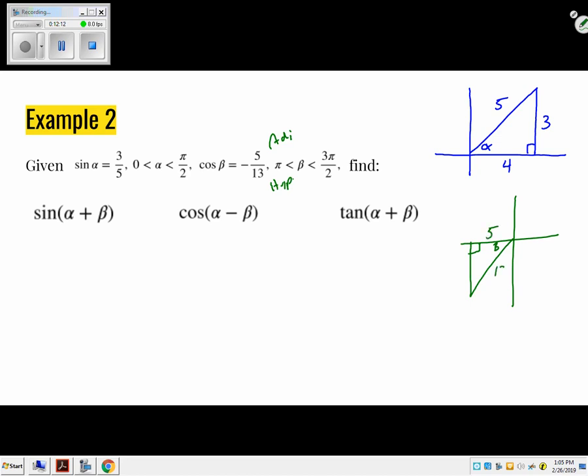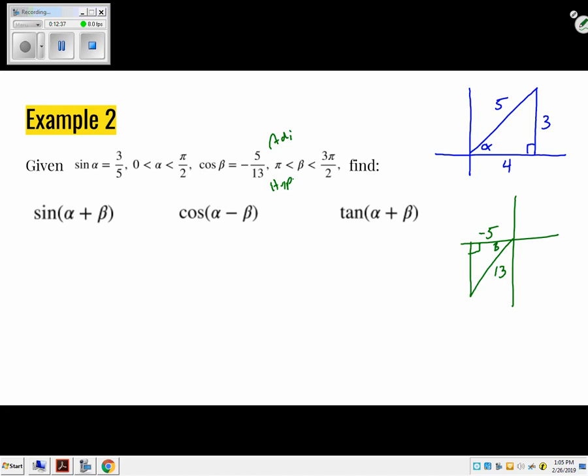Wait, which one does the negative go with? If it was both, it'd be positive because it'd be negative over negative. -5. The R cannot be negative.